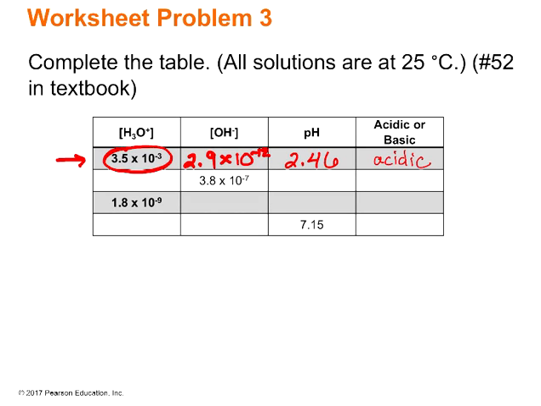So for the second row, we need to solve for the concentration of hydronium ions in solution. So again, we're just going to use that ion product constant equation.